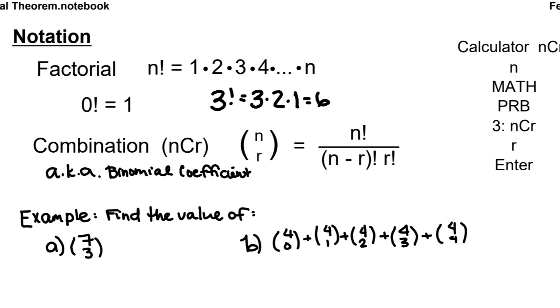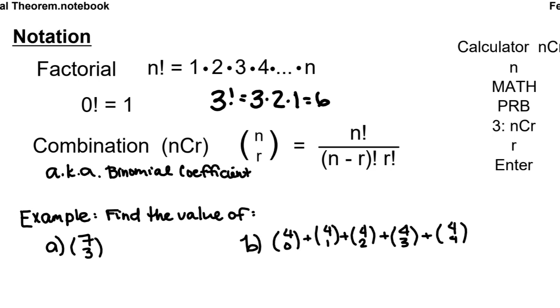So you're not going to multiply 0. The factorial of 3 is 3 times 2 times 1, which equals 6. 0 factorial is 1. There's a reason for that. We're not going to go into it, but if you are interested in that, there's a couple kind of thoughts on it, and I can walk you through some of the stuff.